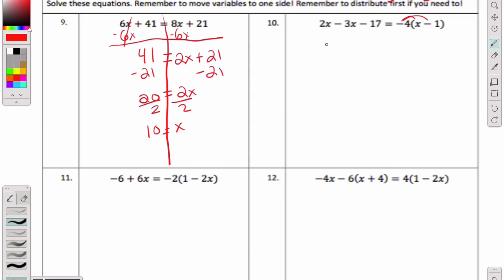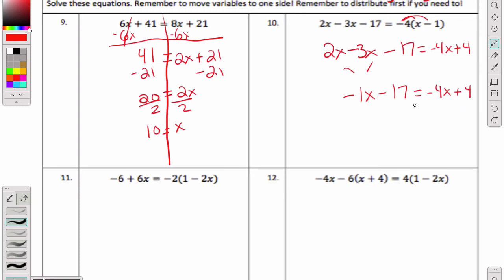So I'm going to do 2x minus 3x minus 17 equals negative 4x plus 4. See, it's easy to do that. Negative times a negative is always positive. So I'm going to combine these two, my 2x minus 3x, and that's going to give me a negative 1x minus 17 equals that negative 4x plus 4.